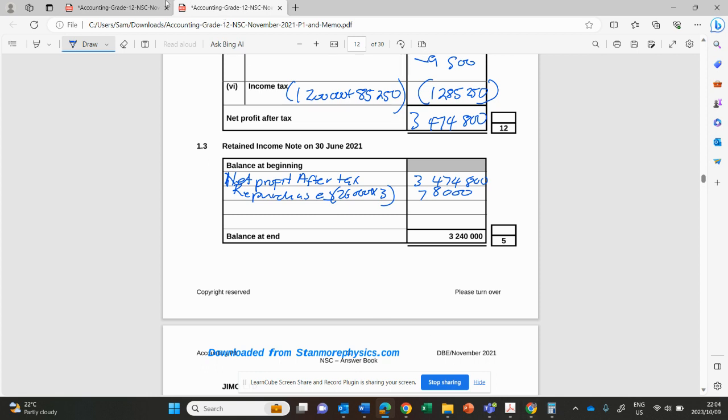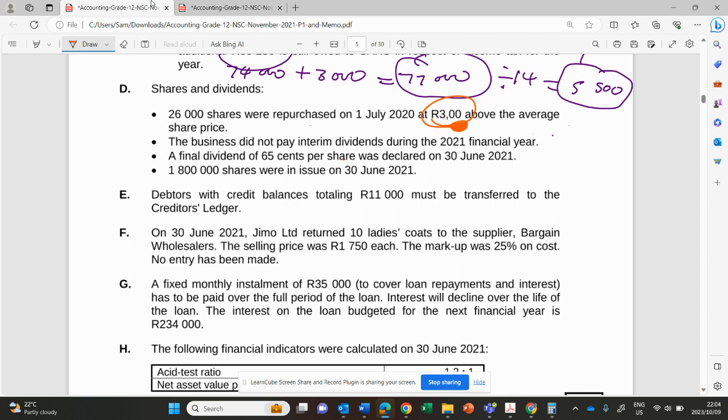Now, with regard to the dividends, they are saying the business did not pay an interim dividend during the 2021 current financial year. But then they are saying a final dividend of 65 cents per share was declared.